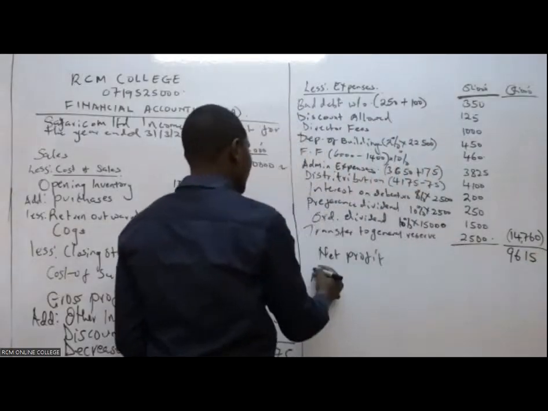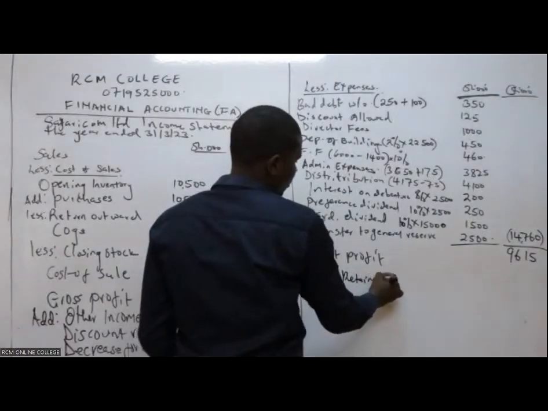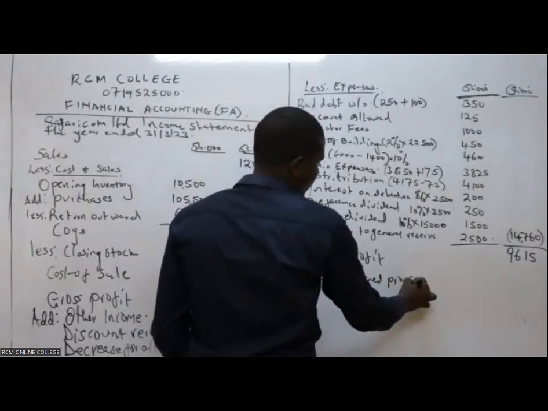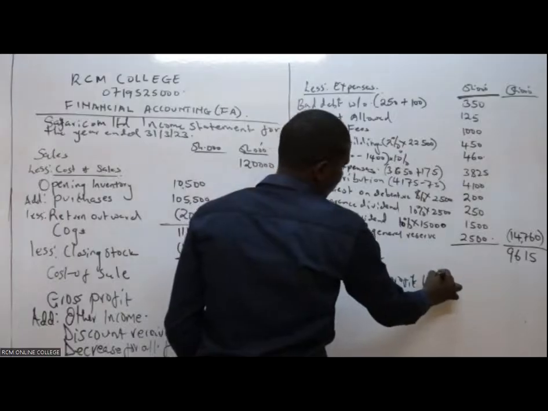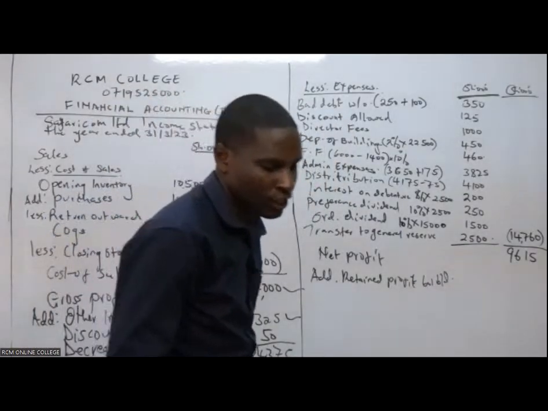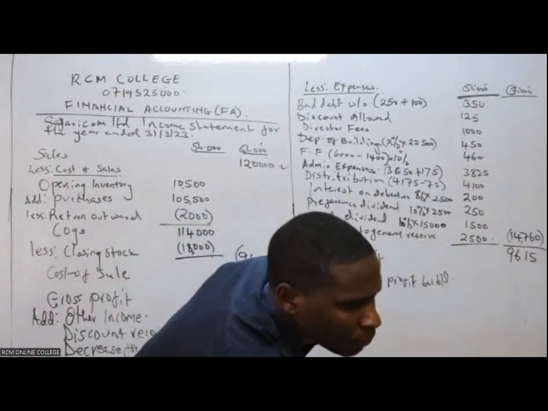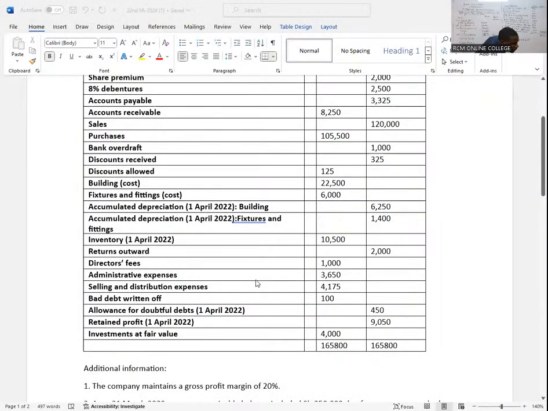And then you add the retained profit balance brought down. The retained profit balance brought down, class, we shall get it. Let me share this question. Retained profit balance brought down. Can you look at the second?